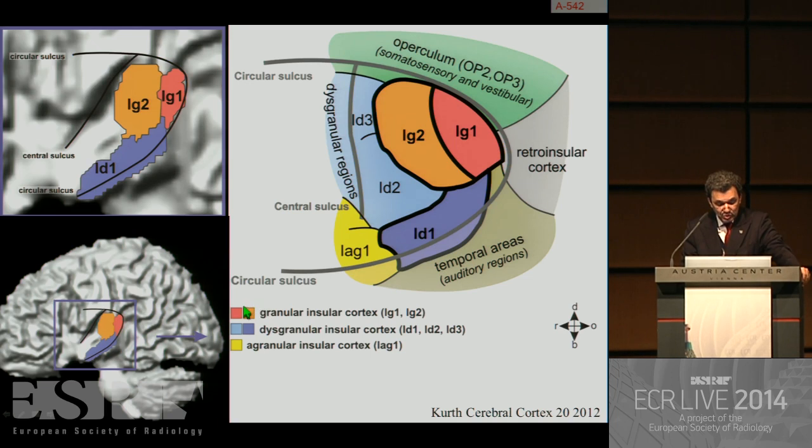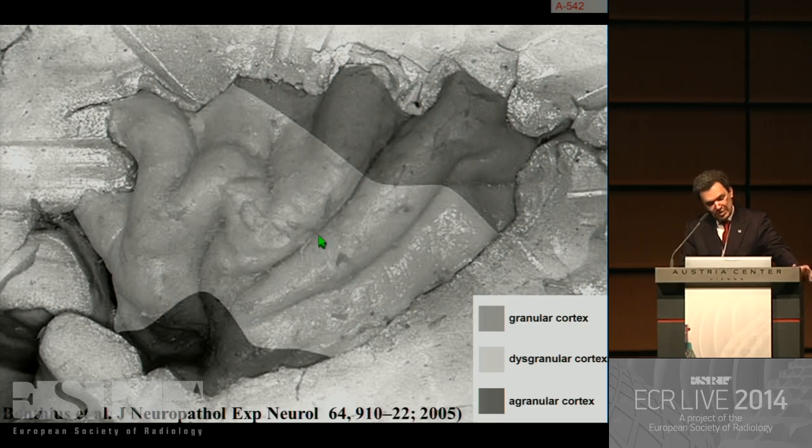You have posteriorly the granular insular cortex, more anteriorly an agranular insular cortex, and in between a zone that is intermediate. Now that is interesting, because that's the kind of subdivision that was suggested between granular and agranular and then dysgranular or intermediate zone.